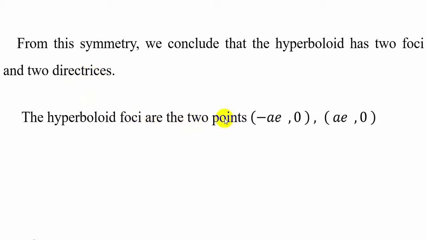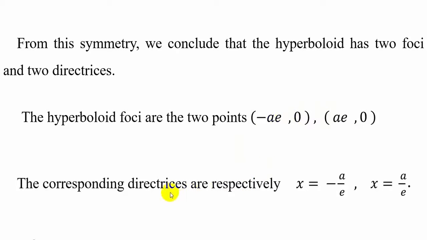The hyperbola foci are two points, negative and positive, both on the x-axis, so y should be 0. We have one on the right side of y and the other on the left side of y.